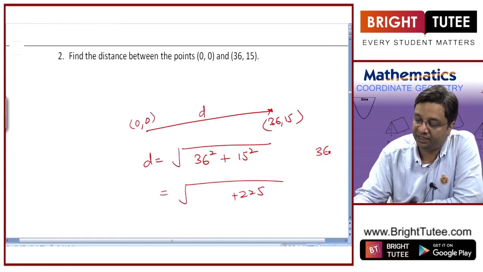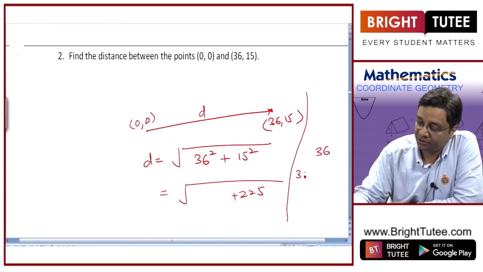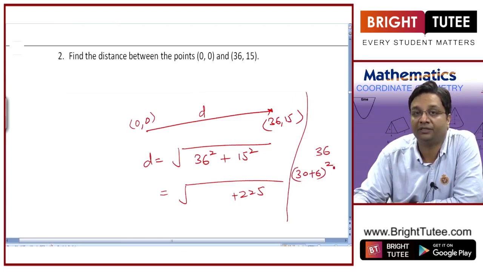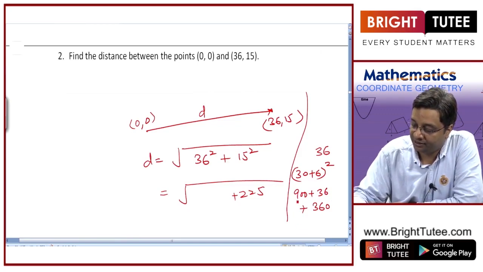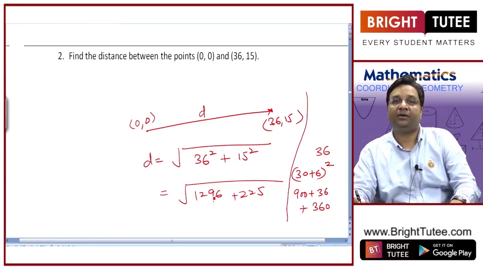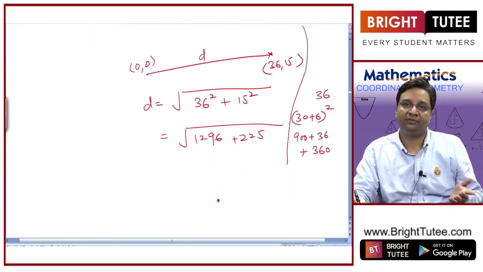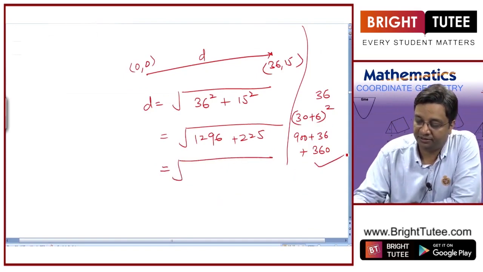36 squared can be calculated like this. It is good that you memorize these squares, otherwise you can write it as 30 plus 6 squared. So which will be 900 plus 36 plus 360, right? So it is 1296. You can memorize the squares up to 50 squared, otherwise you can calculate it like this.